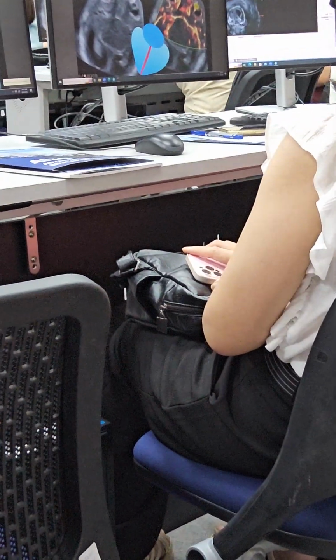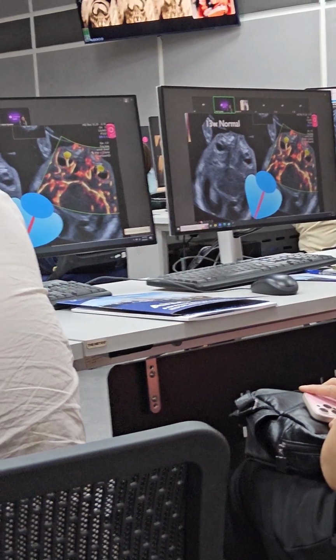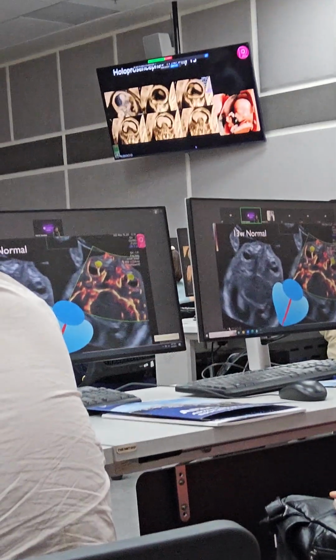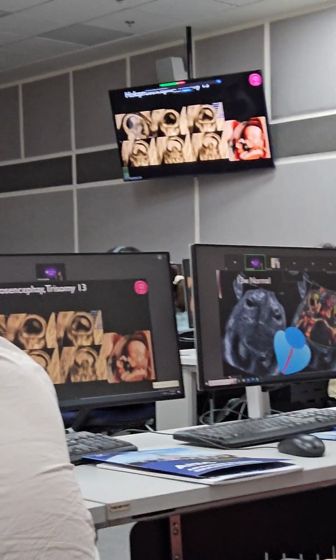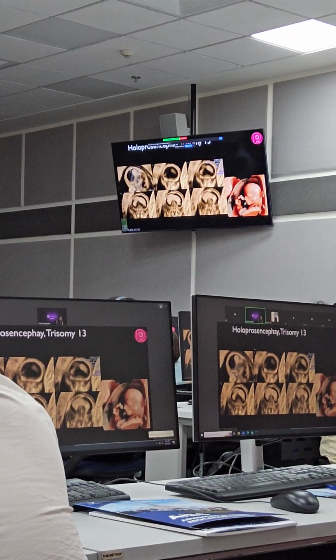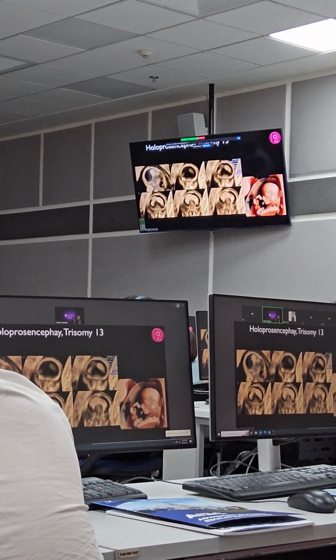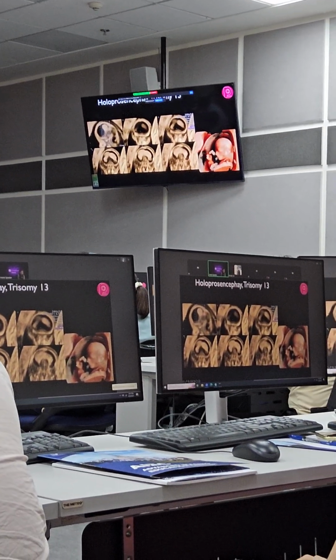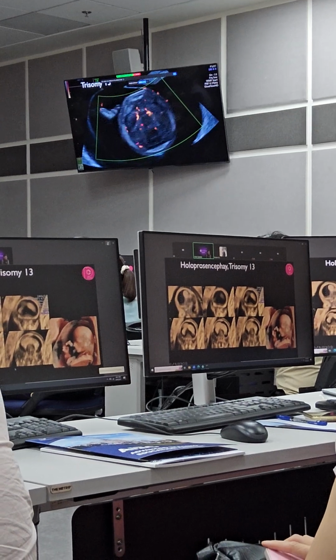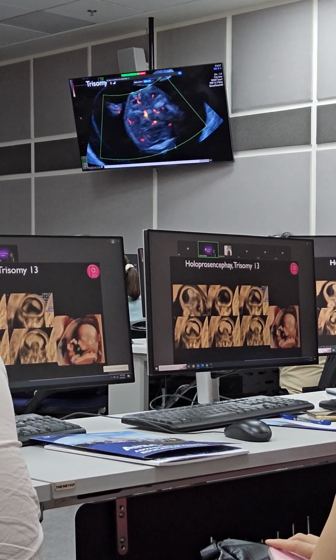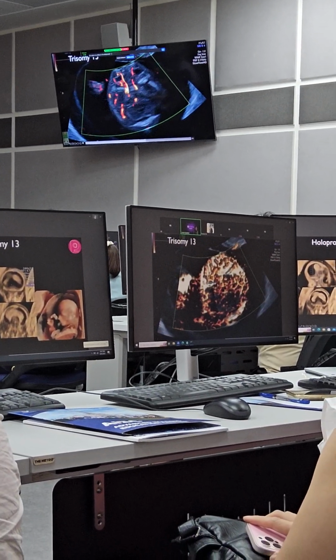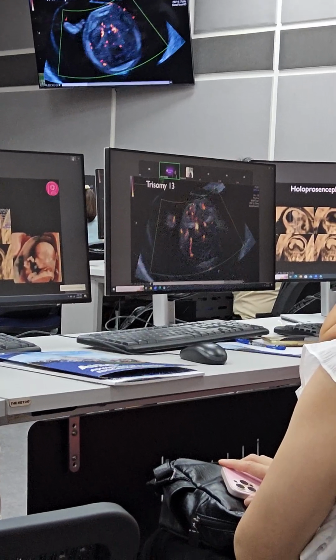Now the holoprosencephaly, the trisomy 13 case. Holoprosencephaly, as I told you, the choroid plexus is from the left side to the right side. And are they normal or abnormal hyaloid arteries?